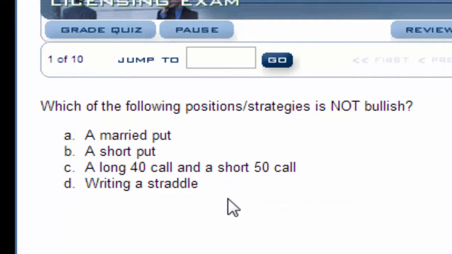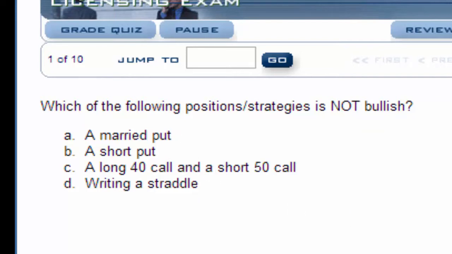You don't want the stock that you're writing the straddle on to move. You don't want it to go up or down. You prefer that it remains neutral. In other words, it stays at roughly the same price it's currently trading at. If that happens, both options will expire and you would walk away with your premium that you had received when you wrote the straddle. So you're not bullish or bearish. Again, you're neither. You're neutral, making it most likely the right answer.